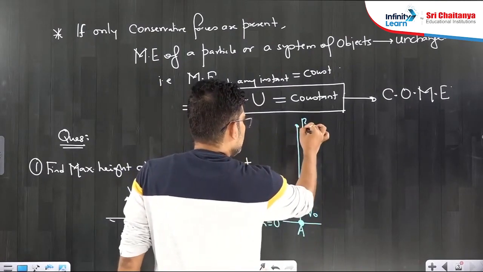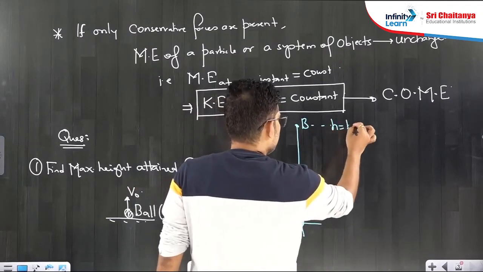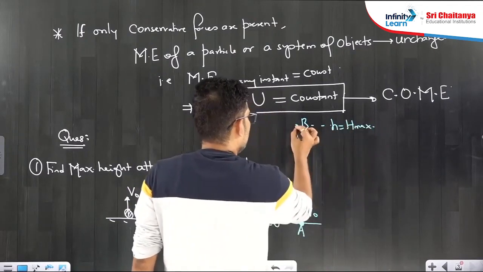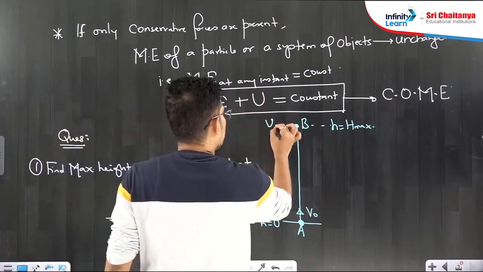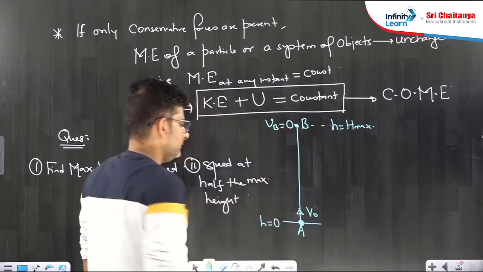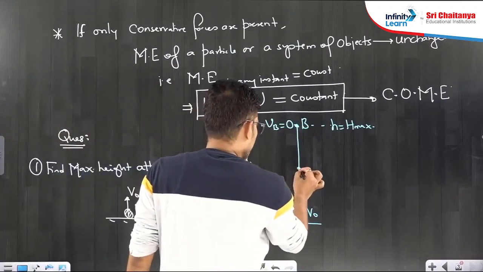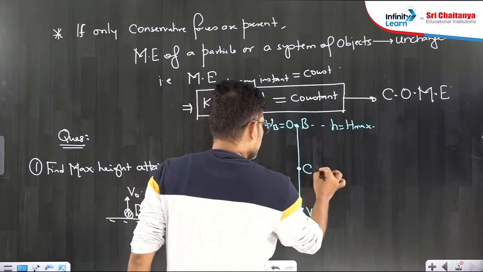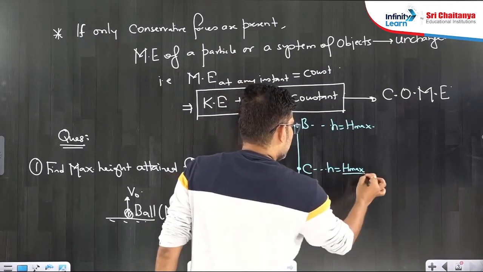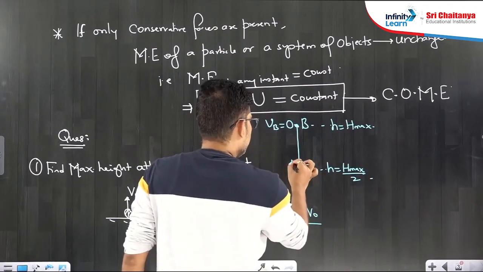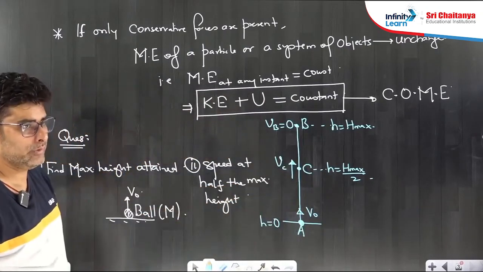Let's take point B, maximum height, h is maximum height. When you reach the maximum height, your speed will become 0, and there is one point in between, let's call it C, where h is maximum height by 2 and here your speed is Vc. So we have to find these values.